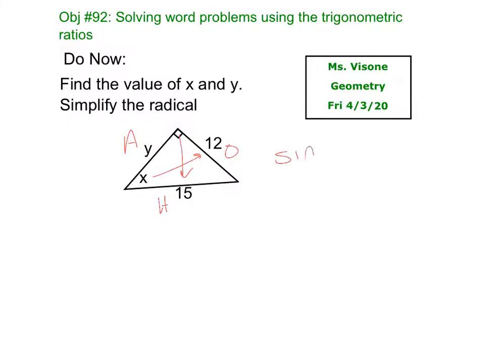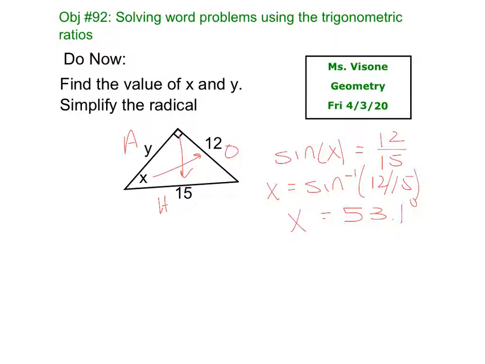Sine of x equals 12 over 15. Remember, when you're finding the angle, you do the inverse. So sine inverse of 12 over 15. X equals sine inverse of 12 over 15, and I got 53.1 degrees.